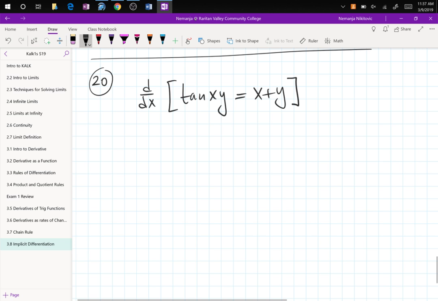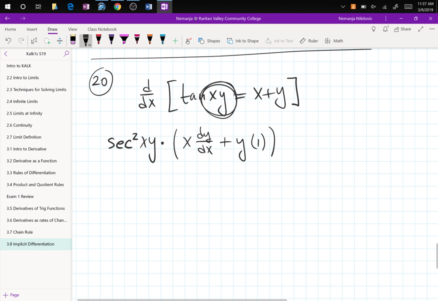So the derivative of tangent is secant squared xy times the derivative of this product. Copy the first. Derivative of the second is 1 times dy/dx, because we took the derivative of y with respect to x. Plus copy y. Derivative of x is 1. And on the other side, 1 plus dy/dx.